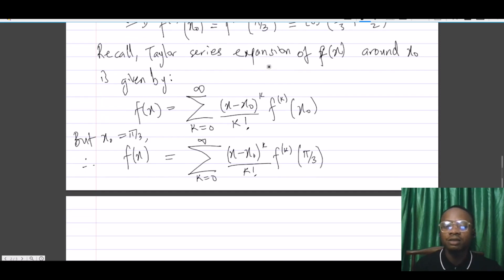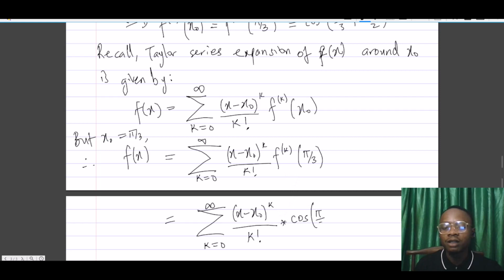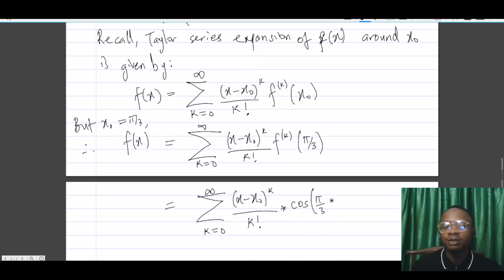So this is the summation from k equal to 0 to infinity of x minus x naught to the power of k divided by k factorial, multiplied by cos of pi over 3 plus n pi over 2.